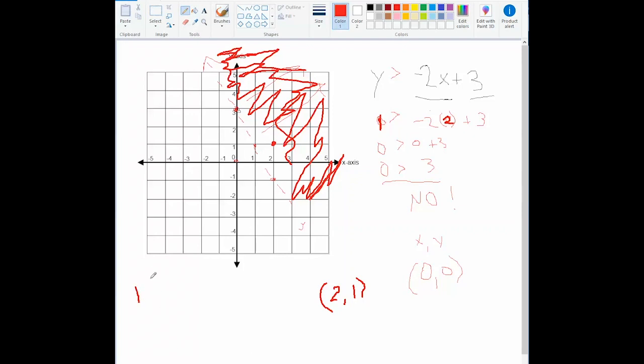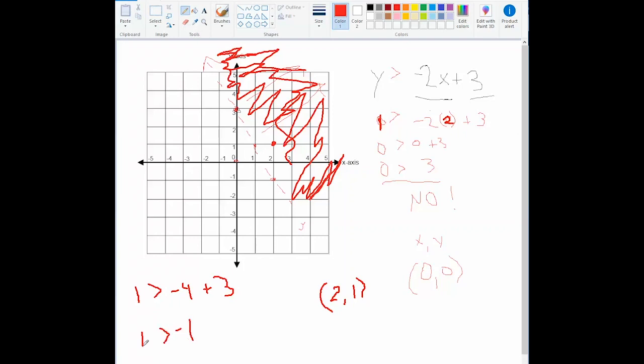So 1 is greater than -2 times 2. Well, that's -4. And we still have this plus 3. Well, -4 plus 3 is -1.